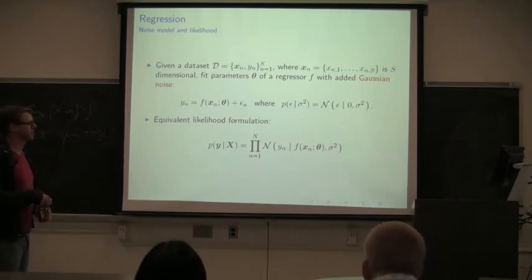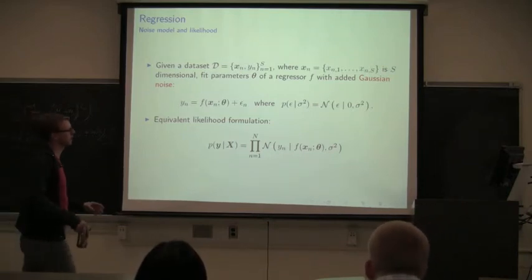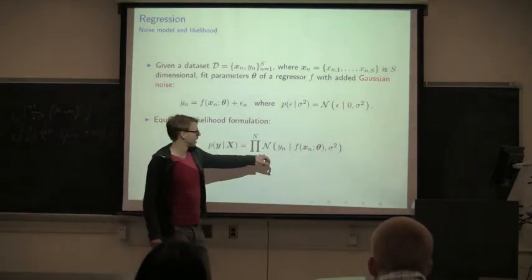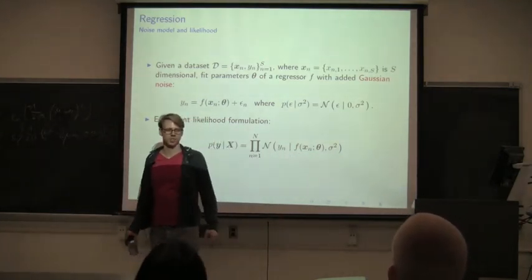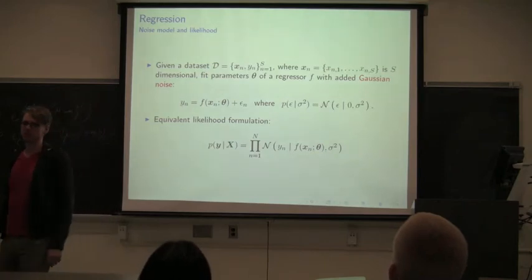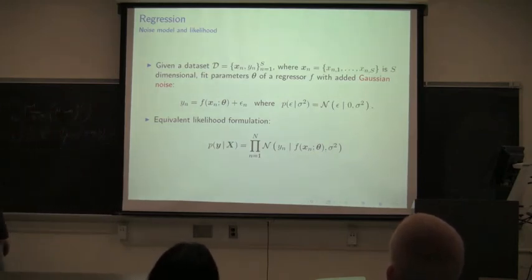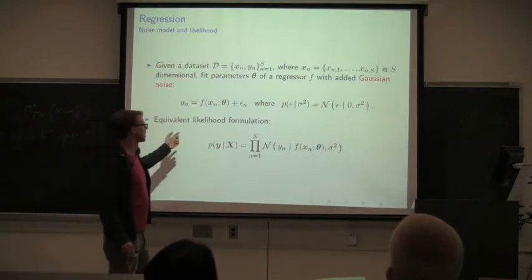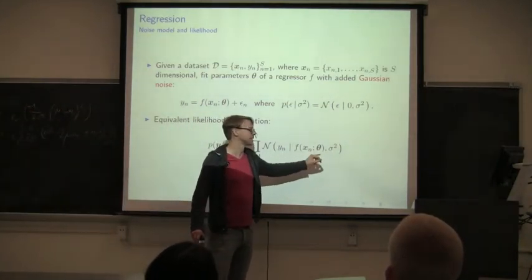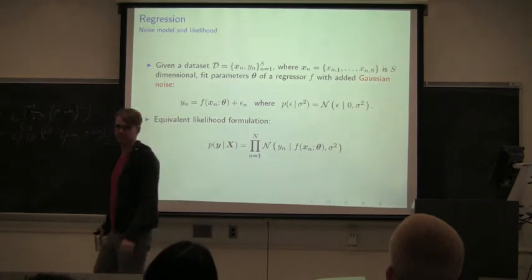Is this concept clear, that we're now plugging in a function into this probability distribution? Instead of estimating the mean of this Gaussian, our goal is to estimate these parameters here.